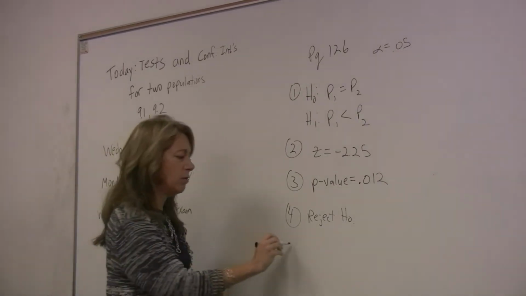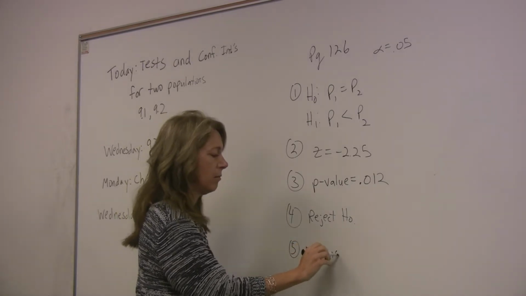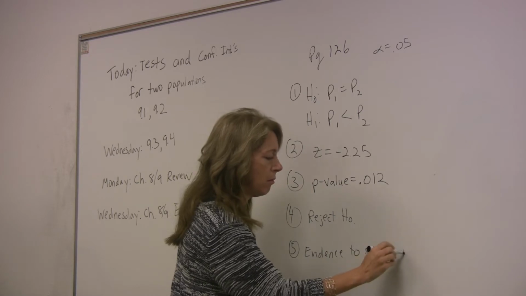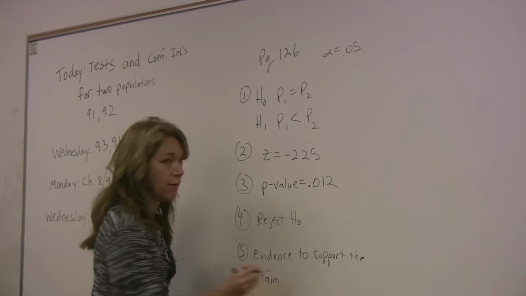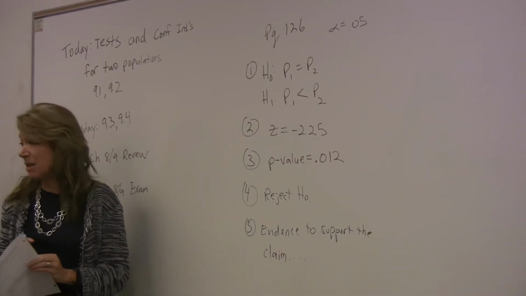And then we had the whole conclusion written out, evidence to support the claim, and so forth. I'm not going to write out the whole thing because we already did this problem.